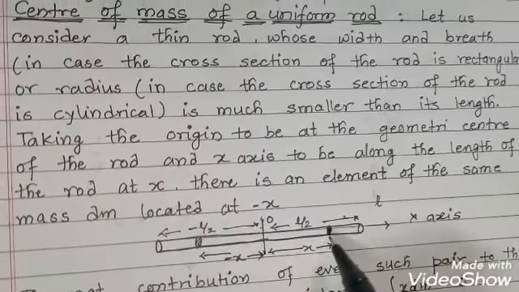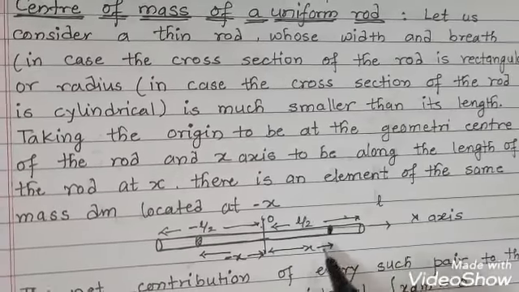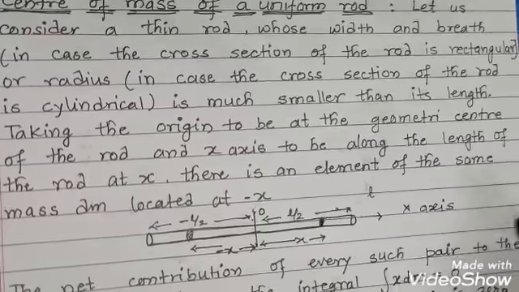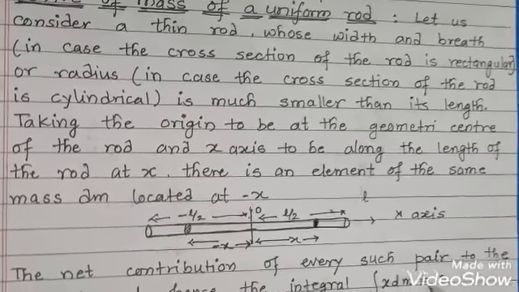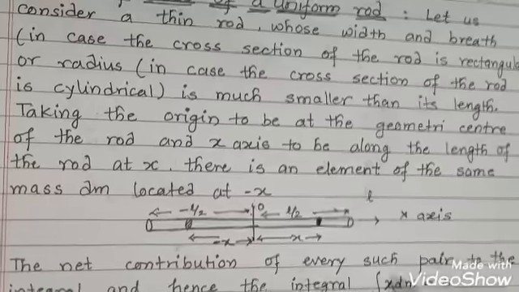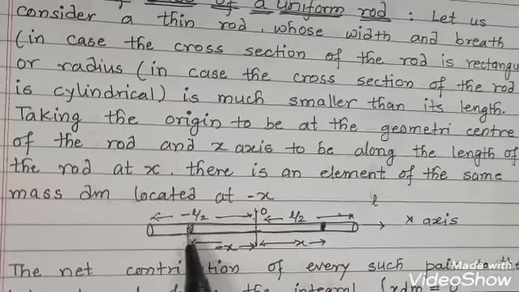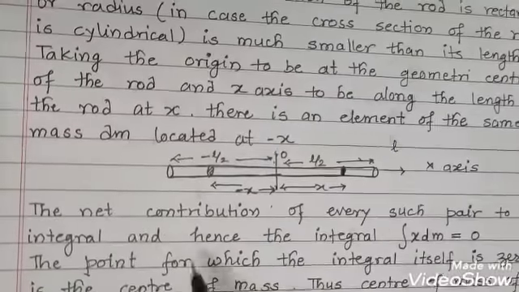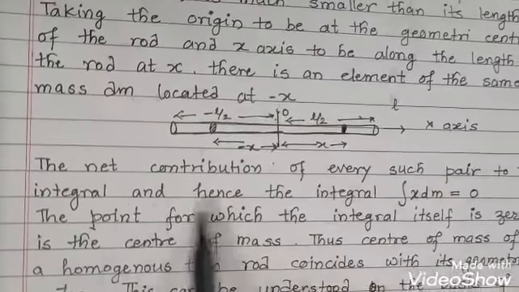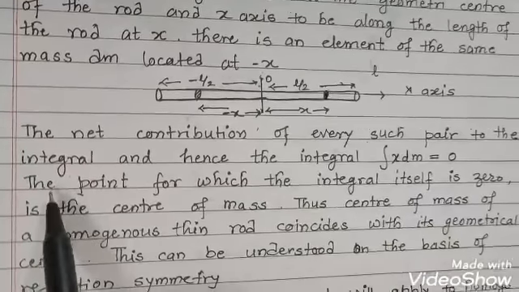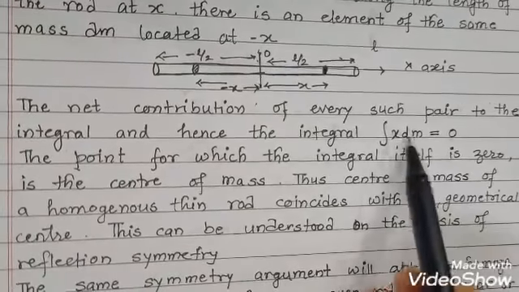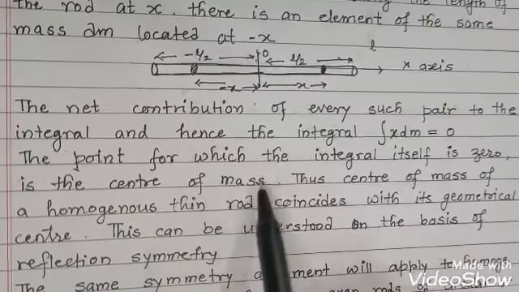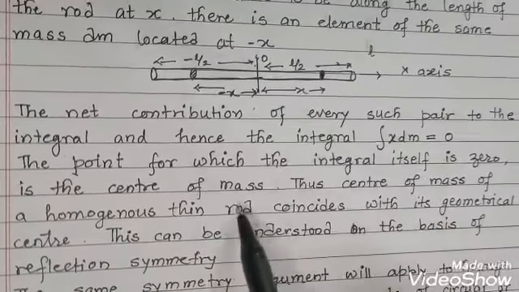That means the net contribution of every such pair to the integral, and hence the integral ∫x dm, equals 0, because every pair has the same mass at the same distance but on either side of the origin. So the pair will cancel each other out, meaning this integral will cancel out. So you will find that ∫x dm equals 0, and the point for which the integral itself is 0 is the center of mass.